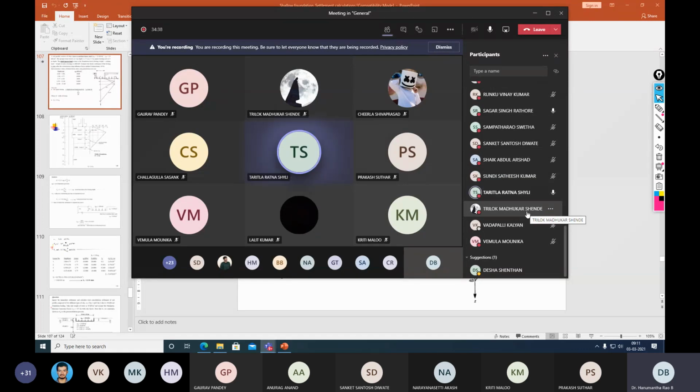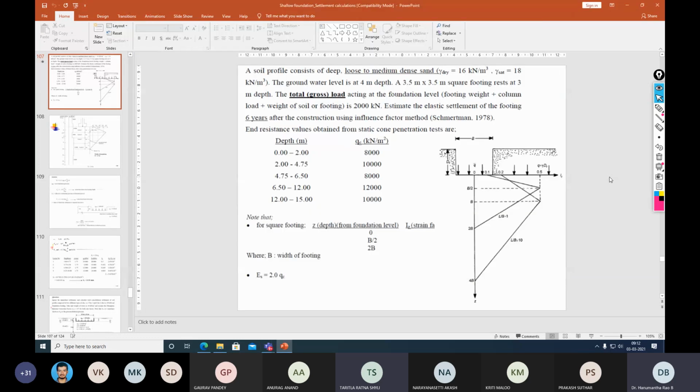Yes, sir. Could you kindly throw light on what we are discussing and what is your understanding and progress on the problem? Like by using the graph, we have found the strain factors, sir.